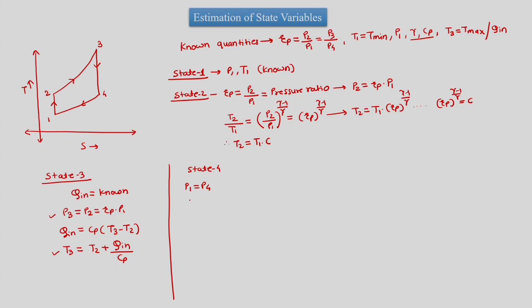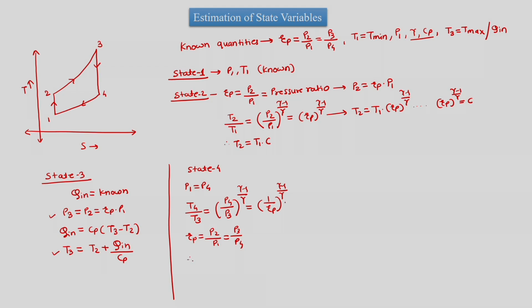Further, we want to know T4, then T4 upon T3 is equal to (P4 upon P3) raised to gamma minus 1 upon gamma, which is (1 upon Rp) raised to gamma minus 1 upon gamma, since Rp is equal to P2 by P1, which is equal to P3 by P4.